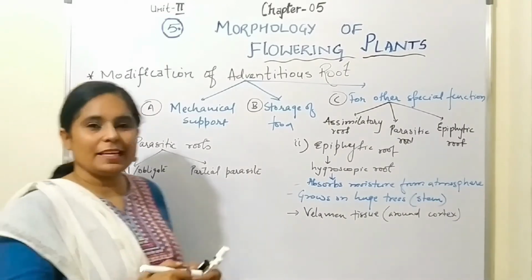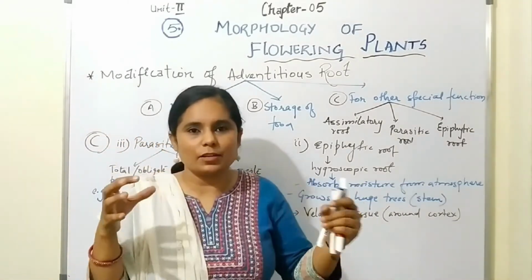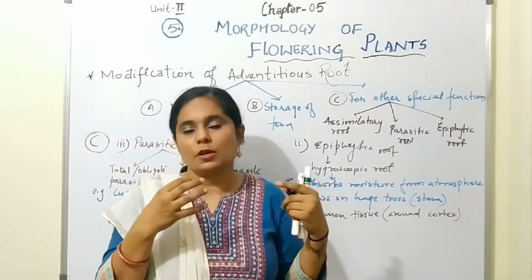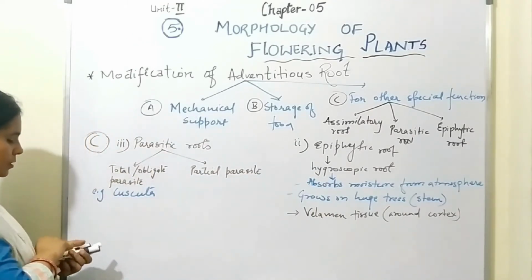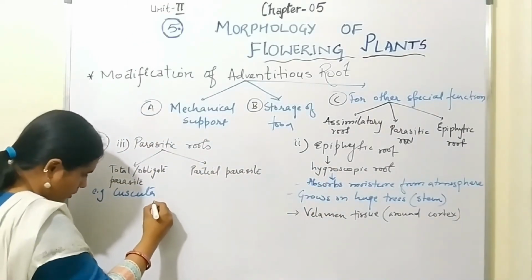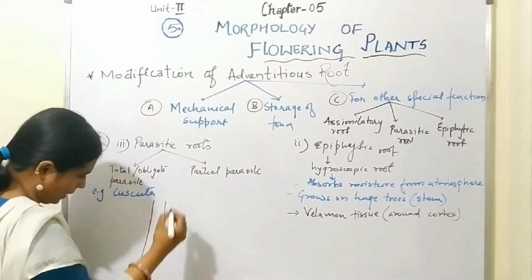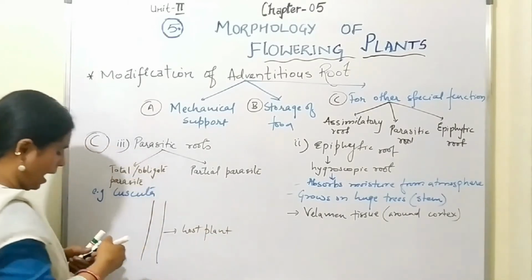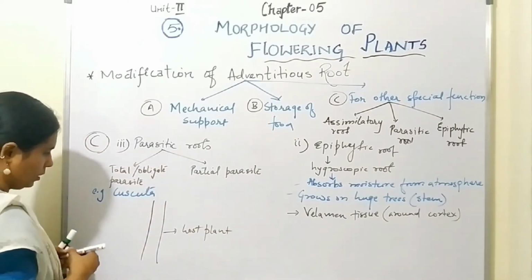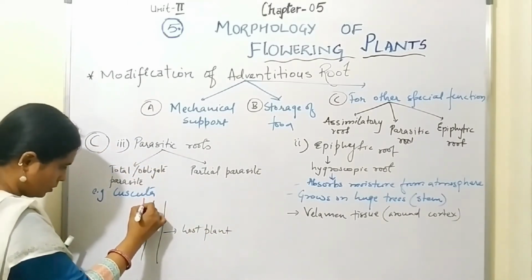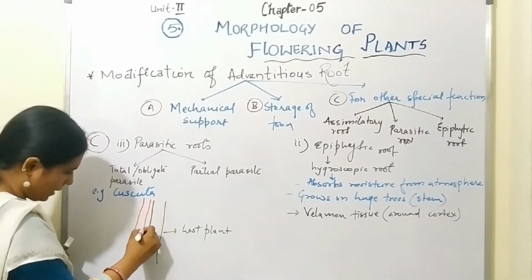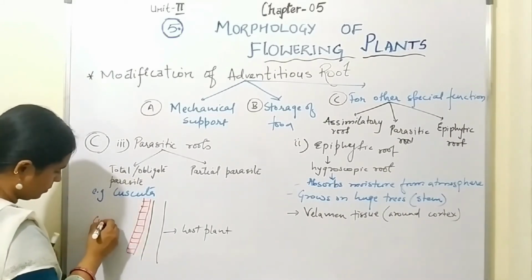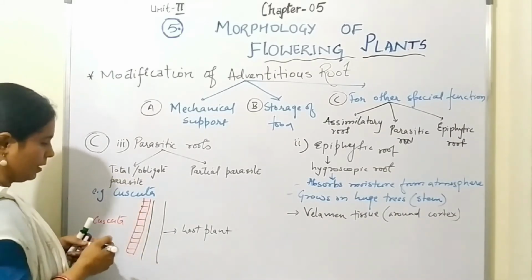In the jungle, you have seen a yellow colored thread-like structure that forms a net-like structure on the trees and on the shrubs. So what happens? Suppose this is the host plant and this is the parasitic plant, Cuscuta.